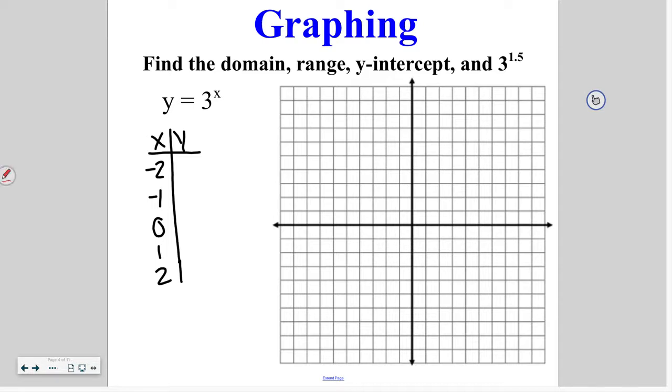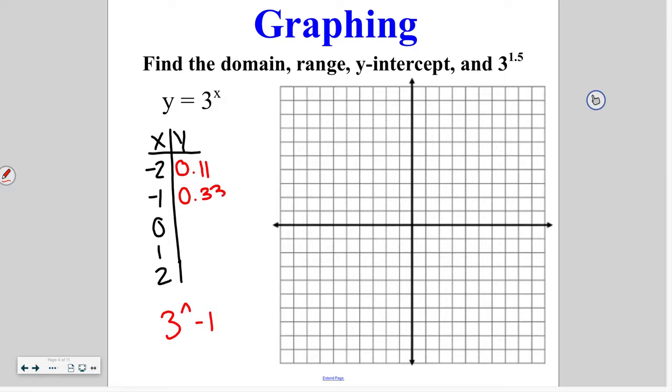When you type this into the calculator, you would do 3 caret negative 2 for that first one. That's going to give you an answer of 0.1 repeating. We're just going to round it to 2 decimal places, so 0.11. For the next one, you would do 3 to the negative first power, which is 0.33 repeating.